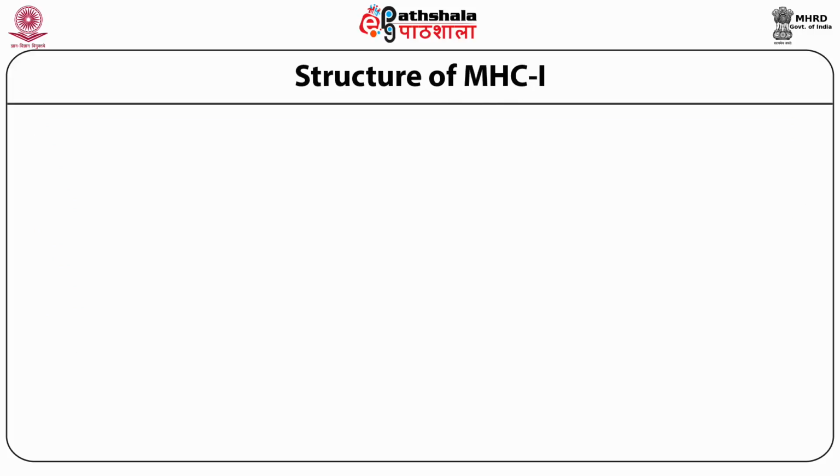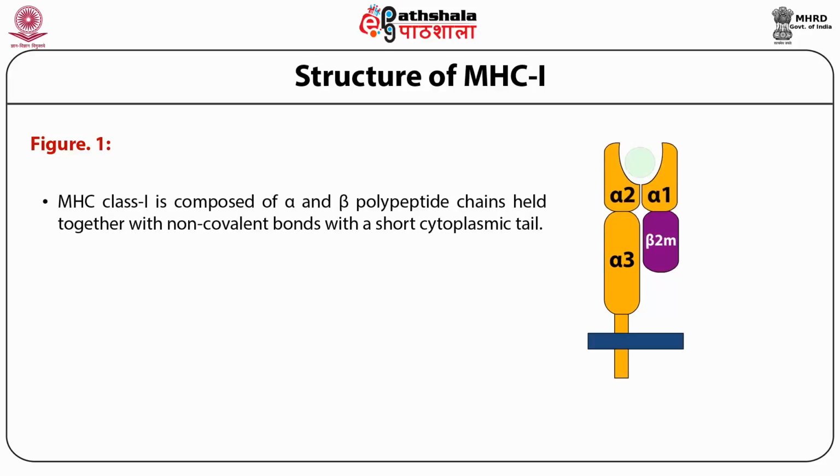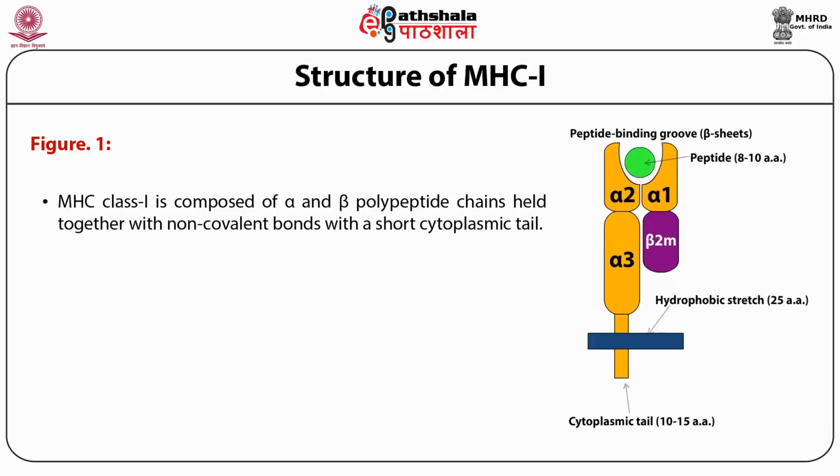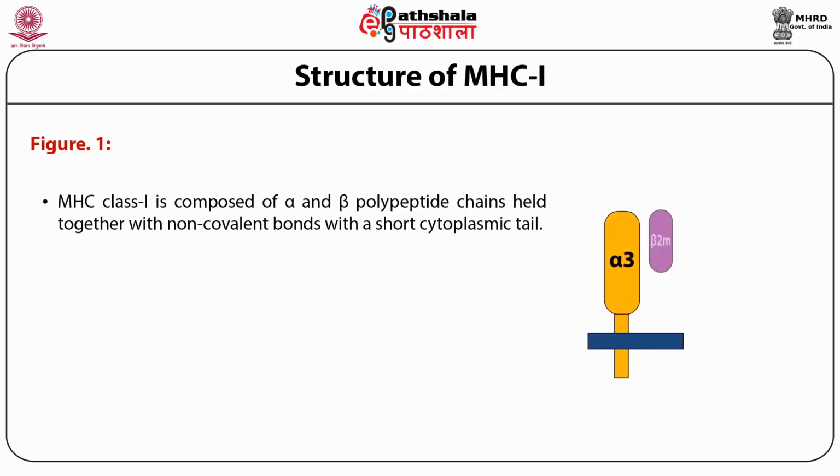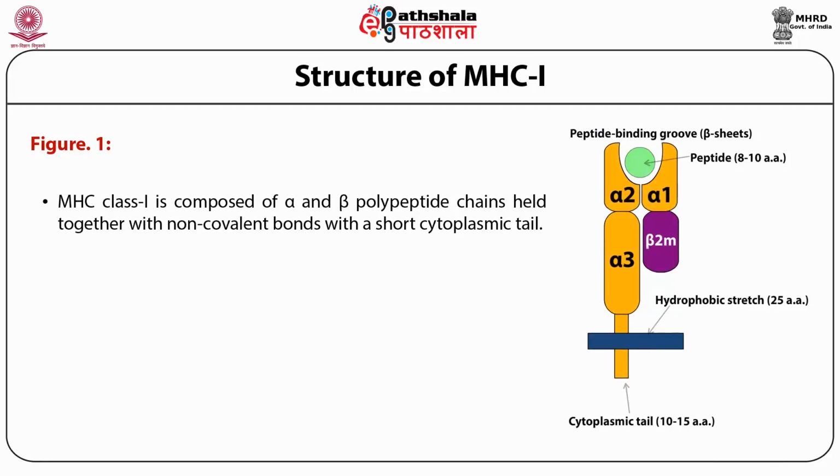Now we are talking about the structure of MHC-I. In this figure, we see that MHC class I is composed of alpha and beta polypeptide chains held together with non-covalent bonds, with a short cytoplasmic tail.